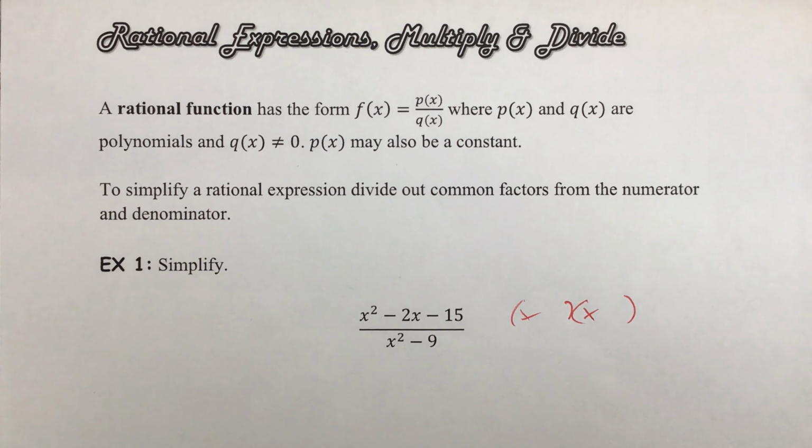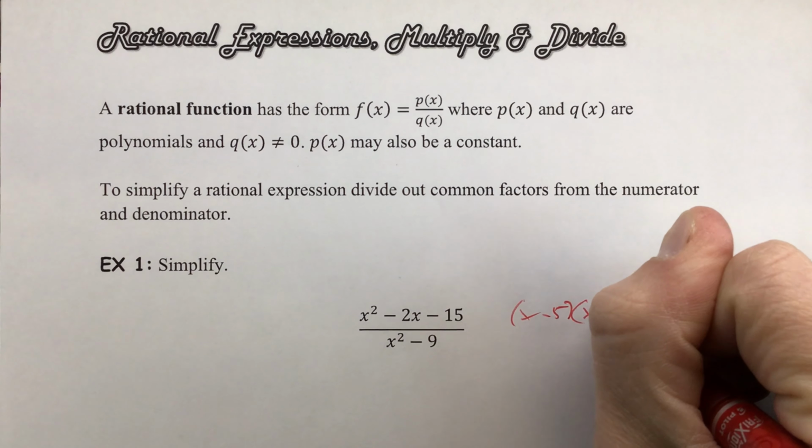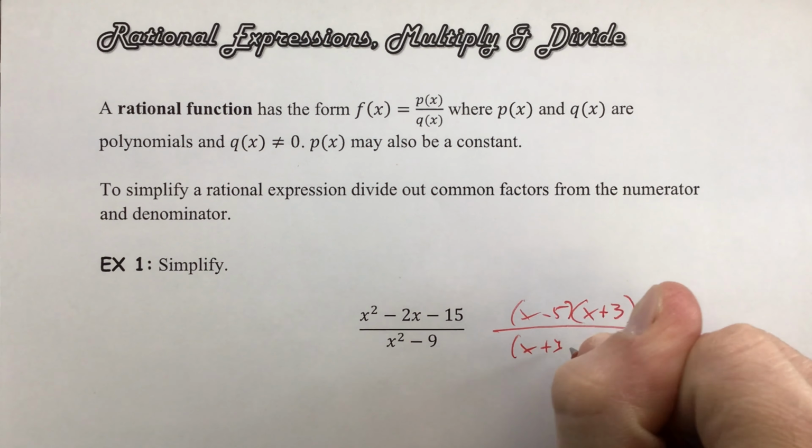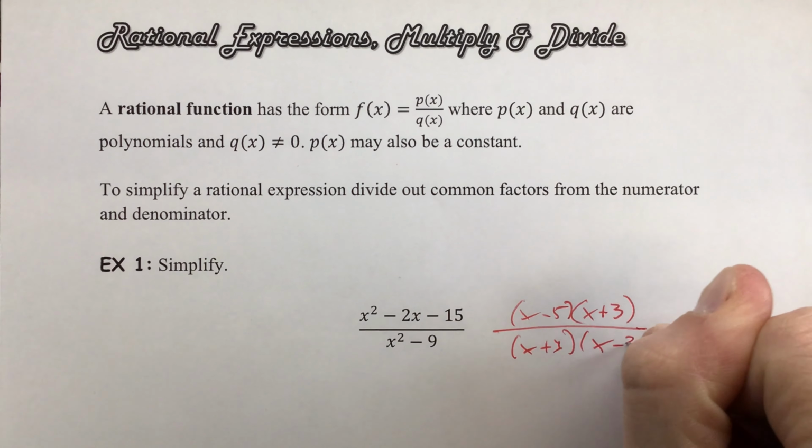And those values would be negative 5 and 3. And then for the bottom, this is the difference of squares. It is going to factor into x plus 3 times x minus 3.